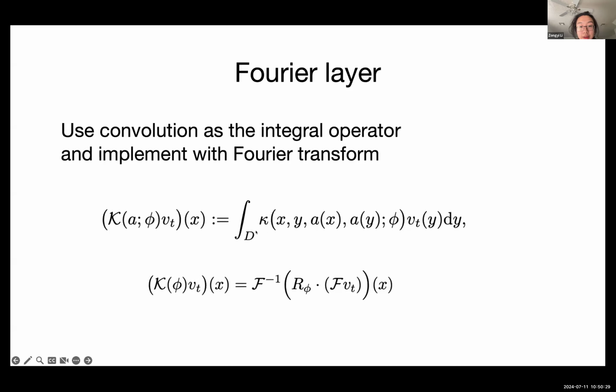In this sense, the kernel function kappa will be learned in the Fourier space and it becomes this Fourier coefficient R. We don't need to parameterize kappa explicitly, but this kernel function will be parameterized by a weight matrix in the Fourier space.